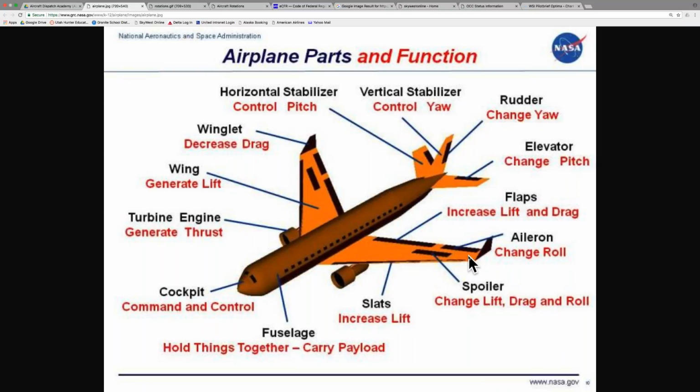We'll ask you to list the primary flight controls, and then a couple of the secondary. That's the extent of this diagram, really. I'm just trying to give you guys an introduction to an airplane.